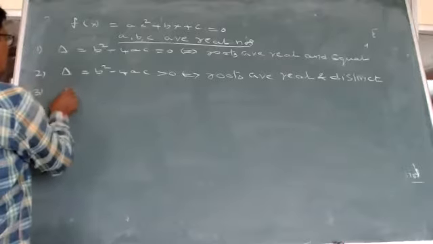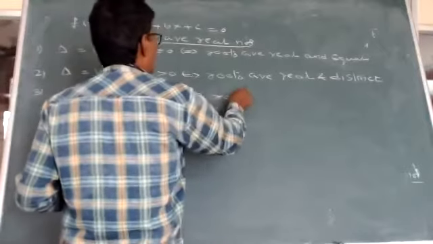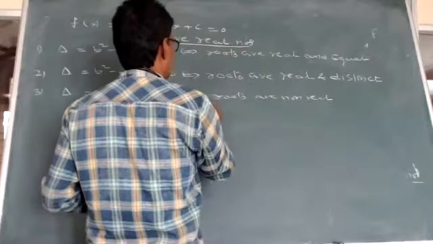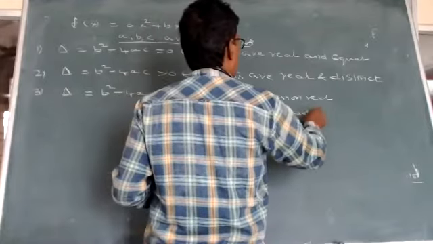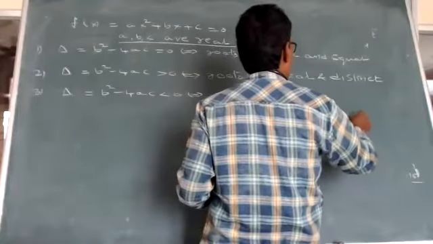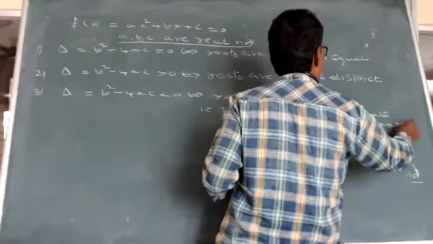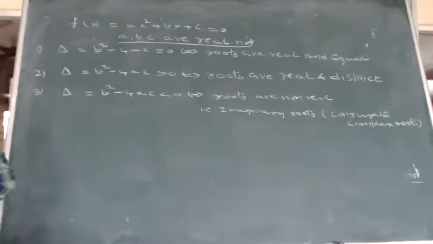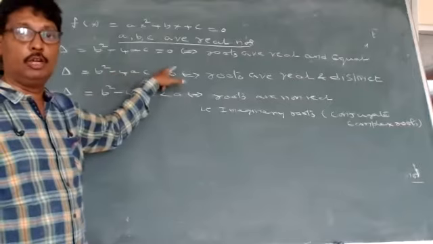Number 3, delta b square minus 4ac less than 0, the roots are non-real, that is, they are imaginary roots. They occur as conjugate complex roots.